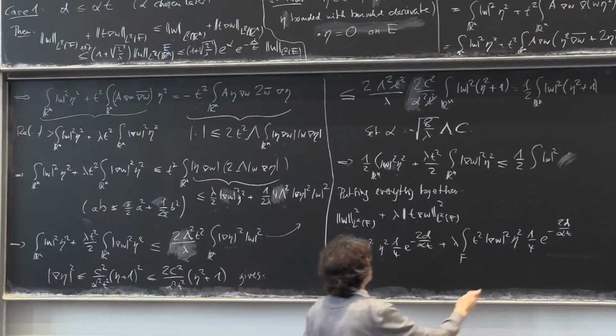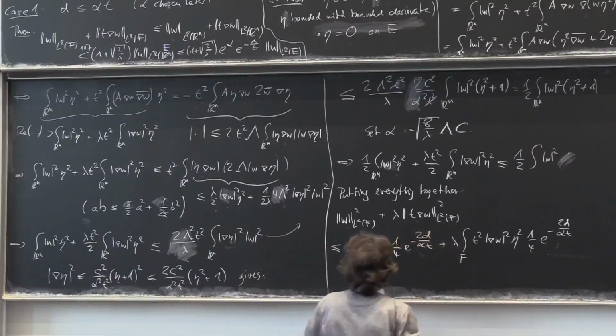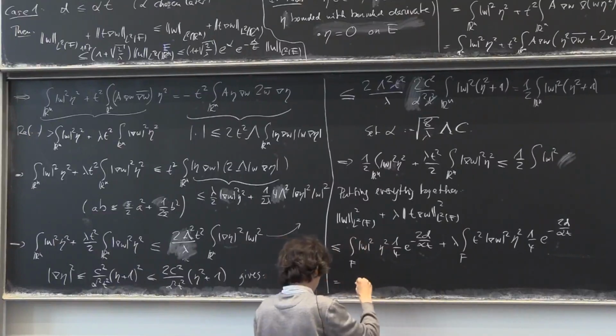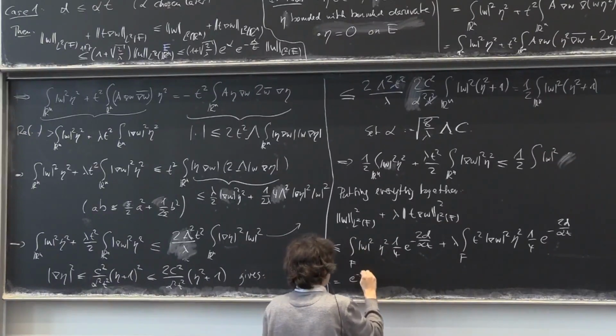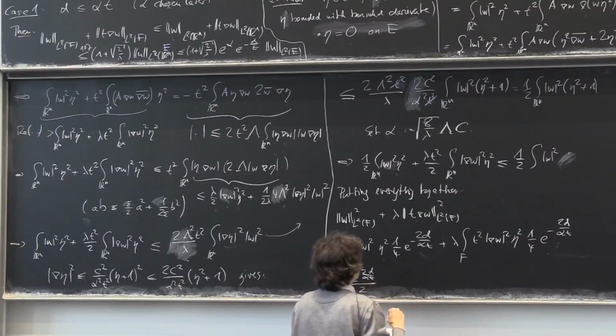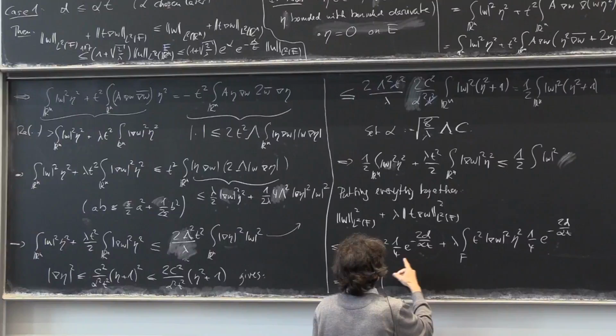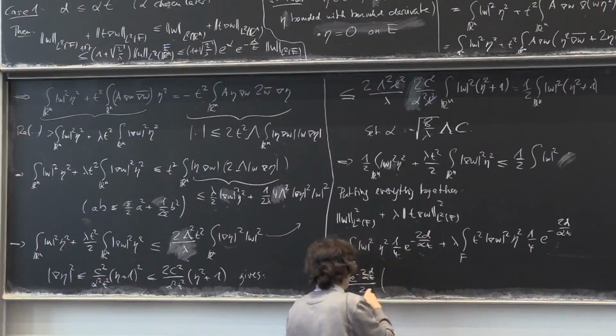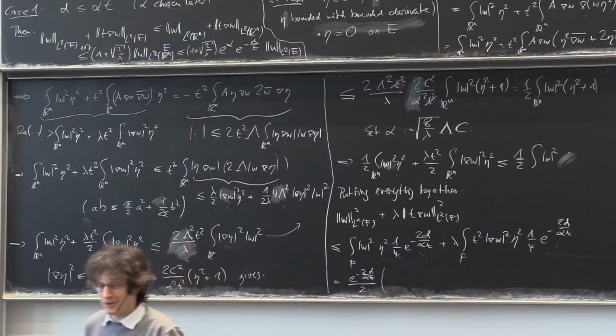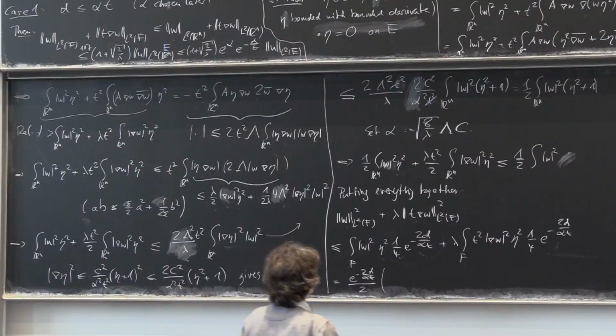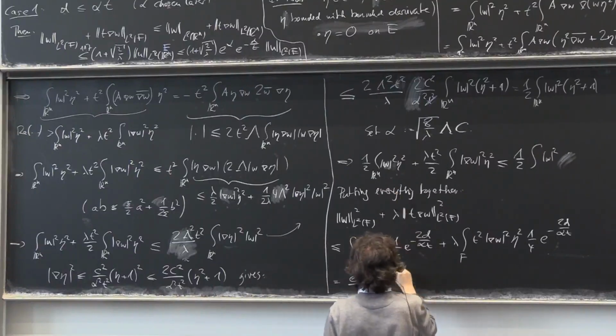Okay, so this factor is the same in both integrals, so take this in front. So this is e to the minus 2d over alpha t. We also take a 2 here. Then we get, from the 1/4 I take 1/2 into the prefactor and 1/2 stays inside in order to get exactly this one.